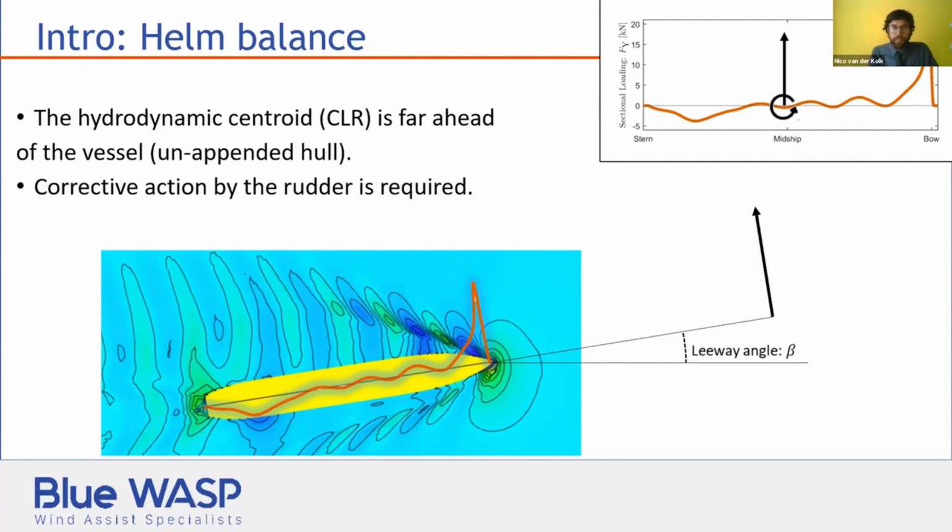And you can observe in particular at the after shoulder, I don't know if my mouse shows, but in this region, there is a distinct underpressure. And you can see this also in the wave elevation at this location. And this will tend to, if you think of the ship, it ought to be turning. So it wants to finish its turn. And in order to keep a straight course, some corrective action by the rudder is required.